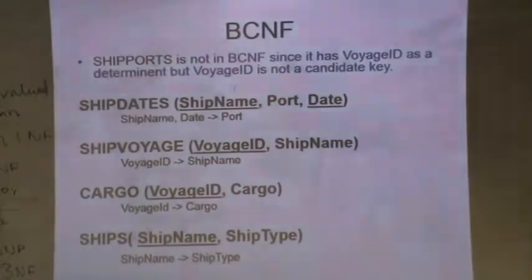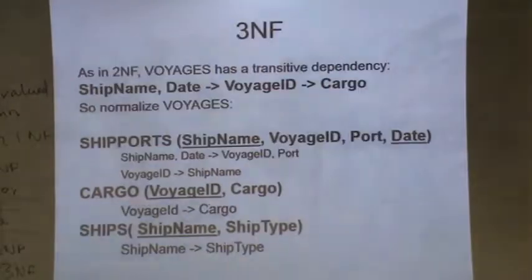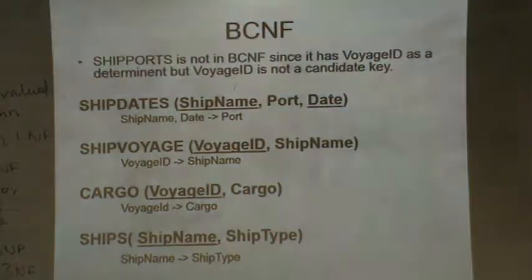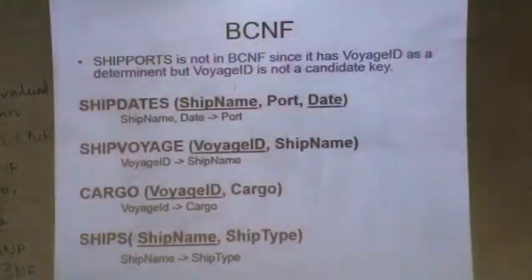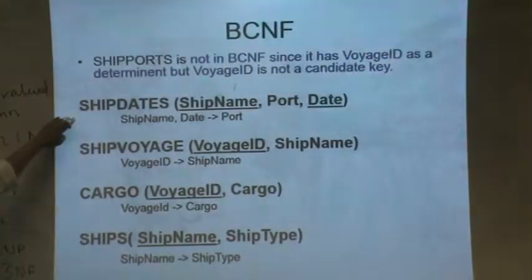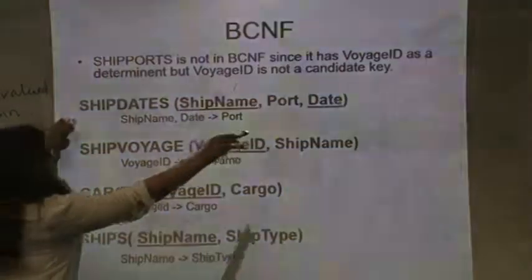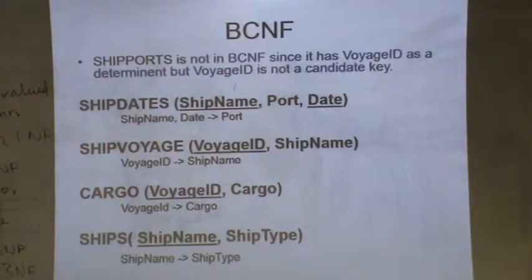let's look into the BCNF table first and into our 3NF table first. In our 3NF table, we still have the ship ports where ship name and date, both of the candidate keys, are still there. So when I come here, I'm doing the ship name and date together, but still I'm taking one of them out.